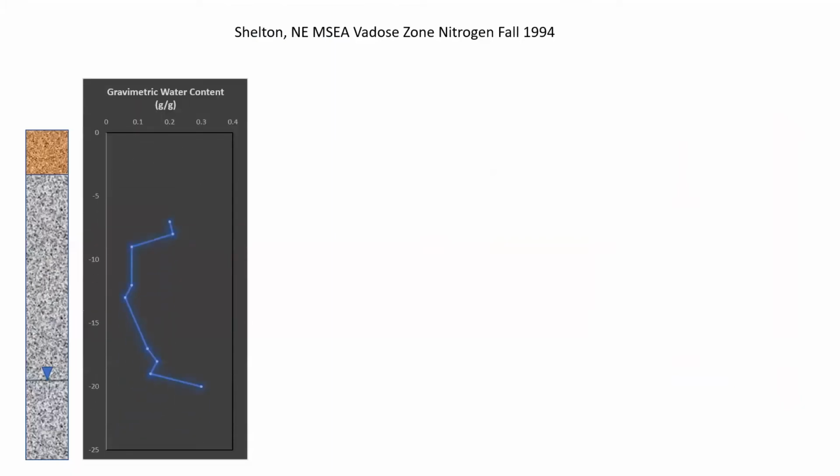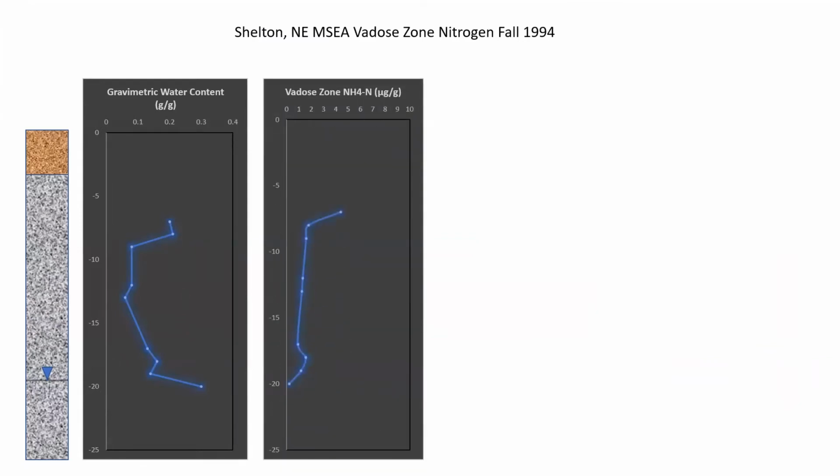So that profile actually came from a study that we did in the management systems evaluation area back in the 1990s. We measured the gravimetric water content as shown here in this graph, and then measured also ammonia, which I was pretty surprised to see we have a fair amount of ammonia that's stored in the vadose zone.